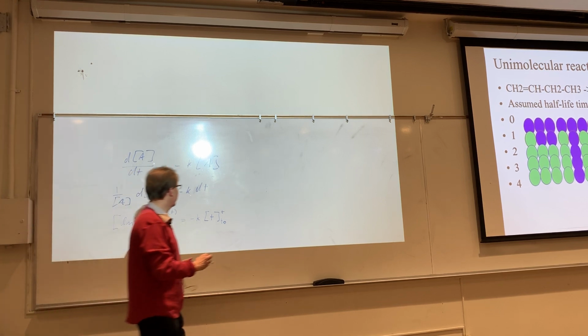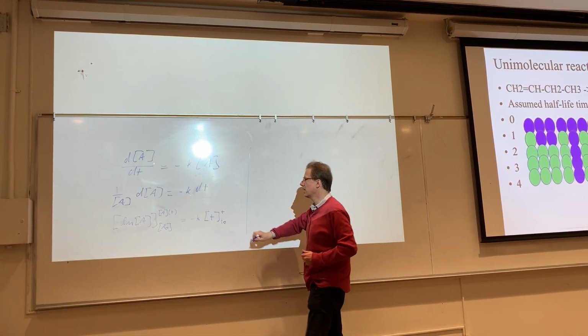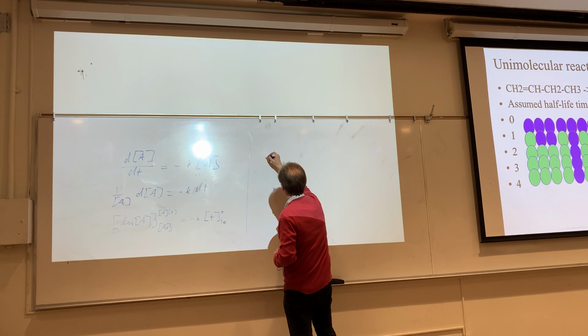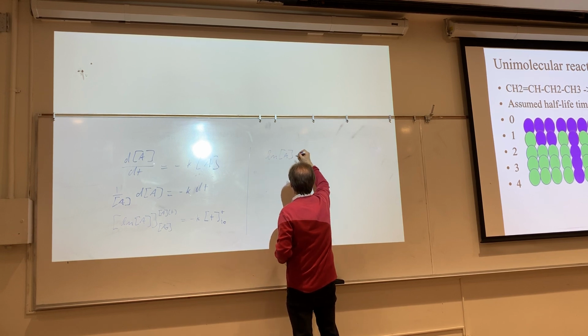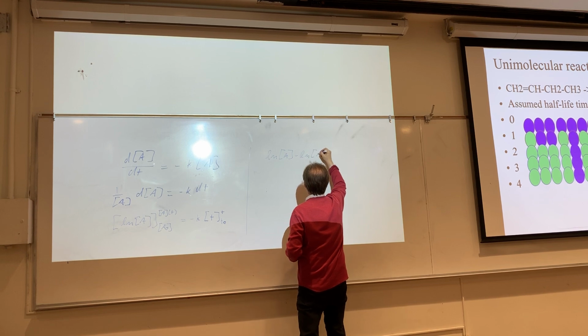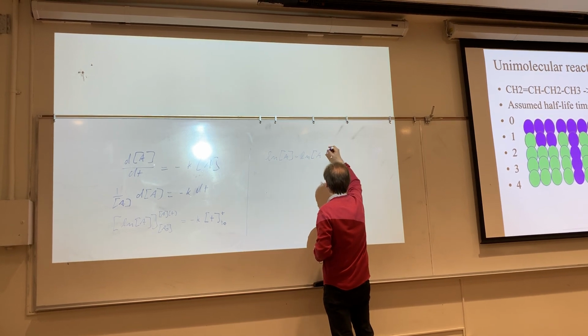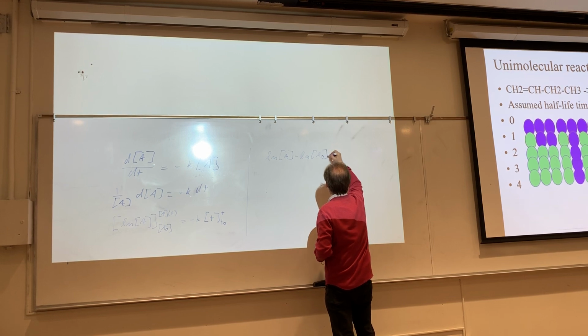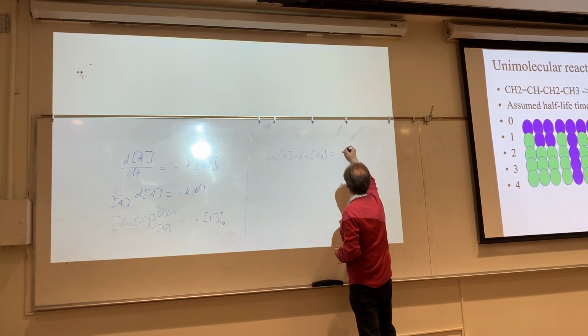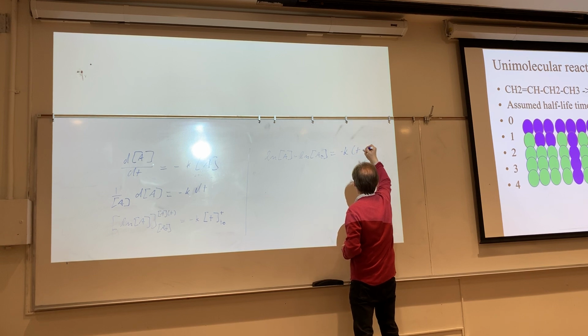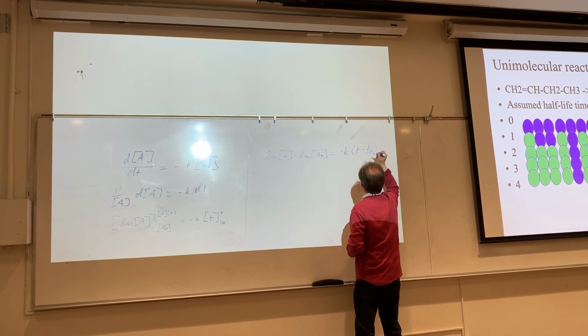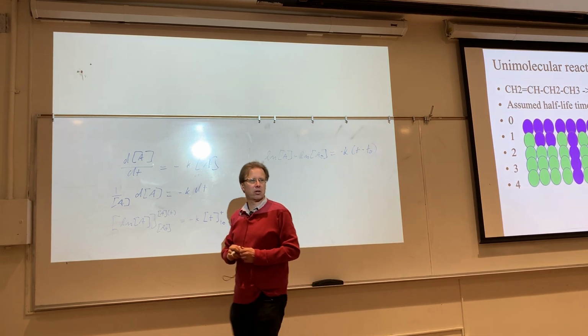Then we can put in the limits, and we'll find we have the logarithm of the concentration of A minus the logarithm of the concentration we had initially is minus k times t minus our starting time, t0.